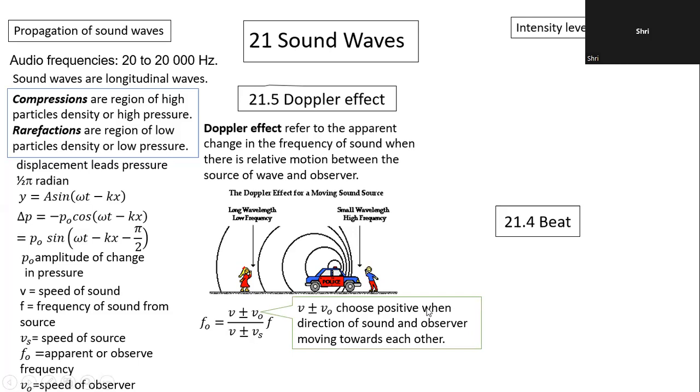So choose positive when the direction of sound... this one is for the moving observer, moving with respect to the source of sound. Choose positive when the direction of sound and observer are moving towards each other. Right?